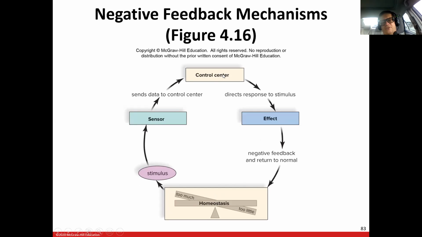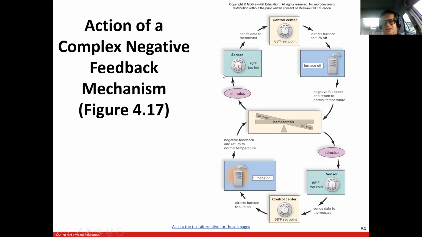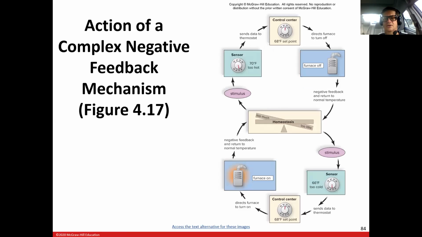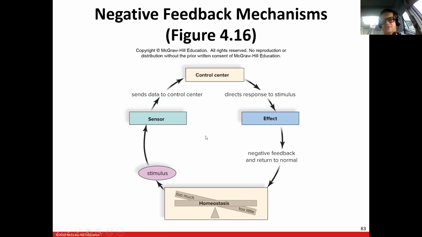And then the control center is like, ah, we need to, say, sweat. And then you do that and it cools the body. After that, oh, it's too cool. Stop. We got to maintain homeostasis. We can't tip it all the way this way or all the way that way. We've got to try to keep it in the middle.